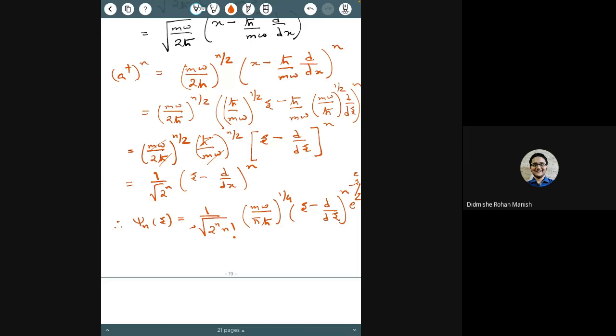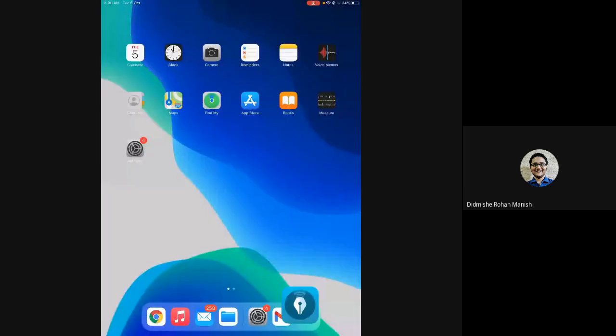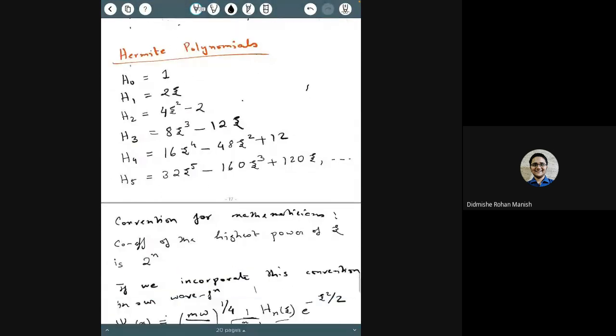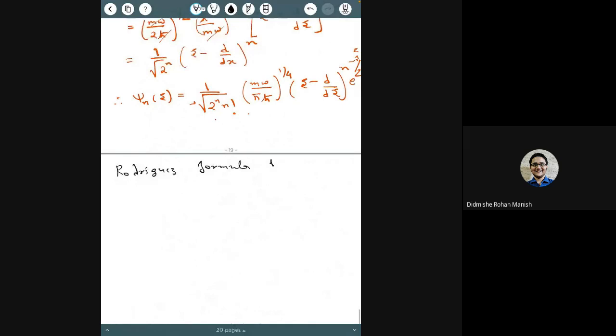And then there is again something that the mathematicians have told us, called the Rodrigues formula, which tells you that a Hermite polynomial can be written as an operator on e to the power minus xi squared by 2.